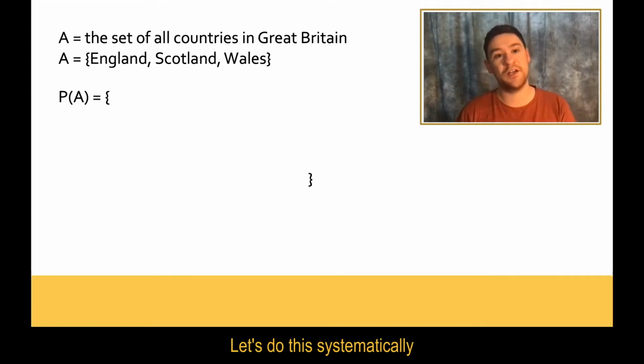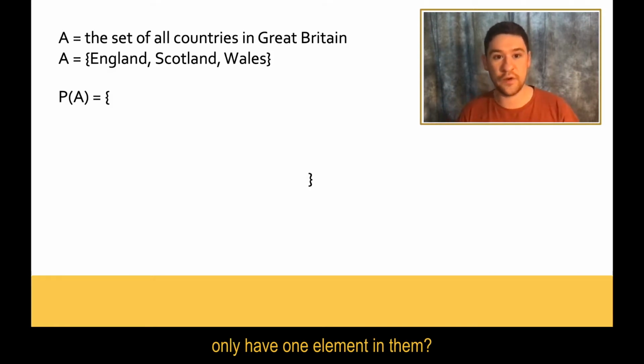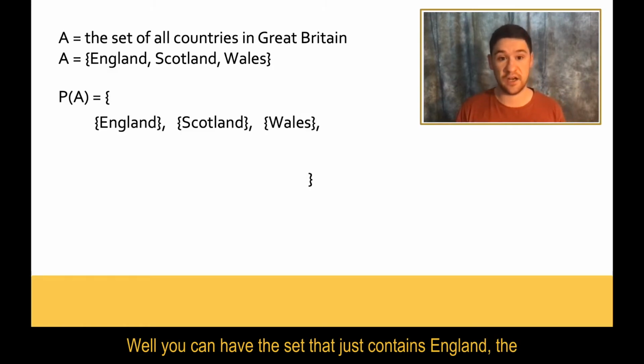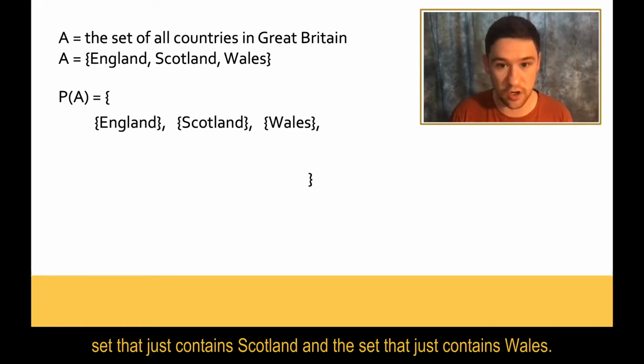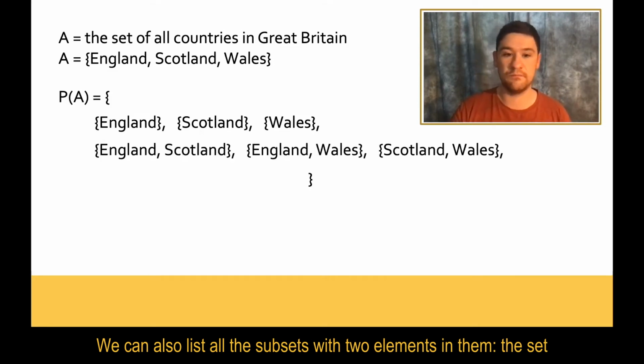Let's do this systematically. What are the subsets of A which only have one element in them? Well, you could have the set that just contains England, the set that just contains Scotland, and the set that just contains Wales. We can also list all the subsets with two elements in them.